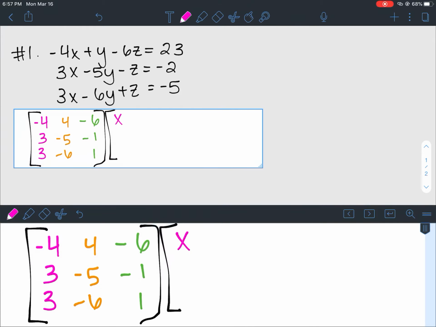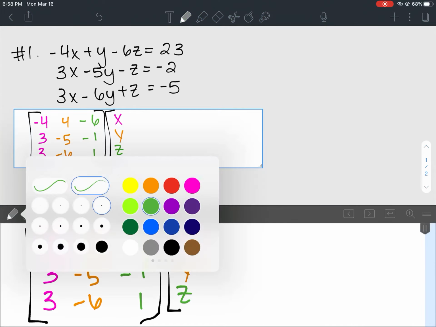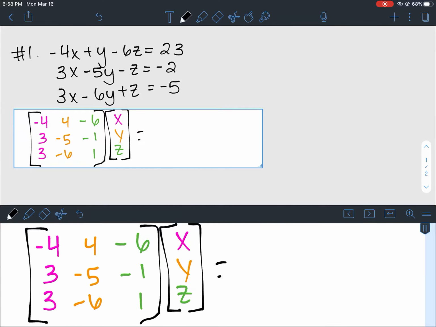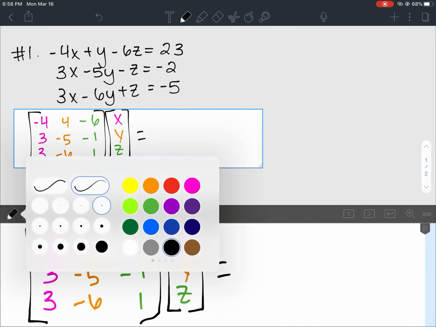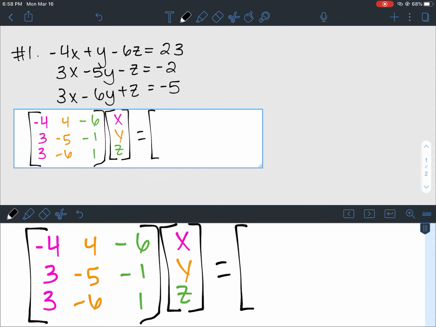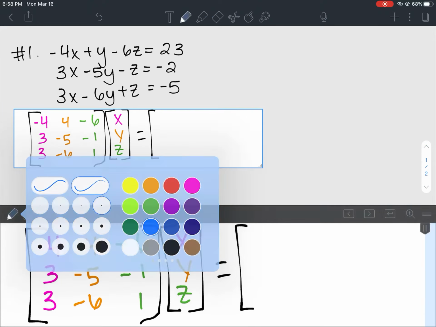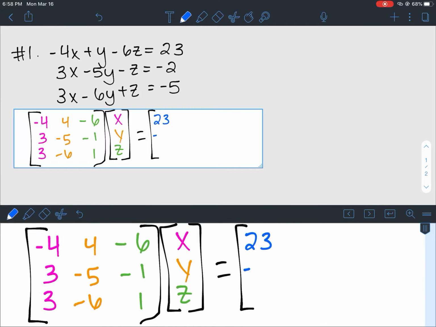And then our second matrix had our variables in it. That was x, y, and z. And then we set that equal to the last matrix, which was a 3 by 1, and that was just our answer matrix.